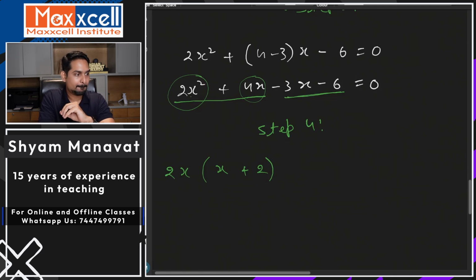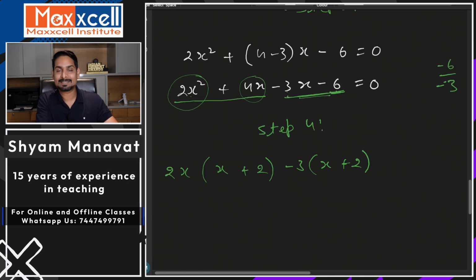So from the next two terms, if you take minus 3 common, from minus 3x you have x, and from minus 6, if you take minus 3 common, the remaining is plus 2. If you take minus 3 common from minus 6, taking common means you divide.